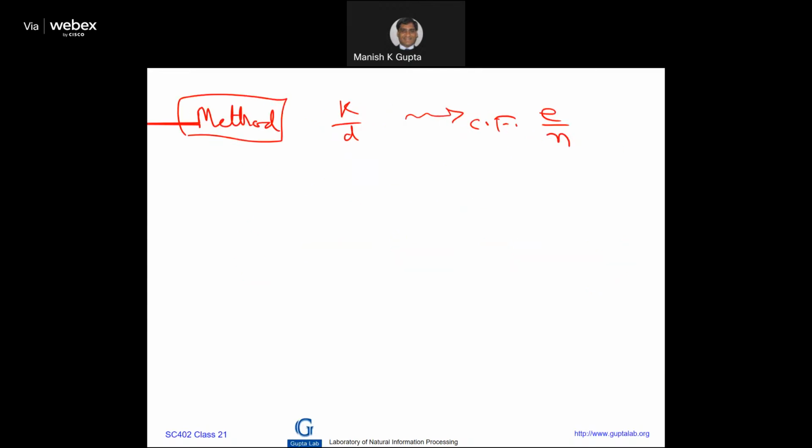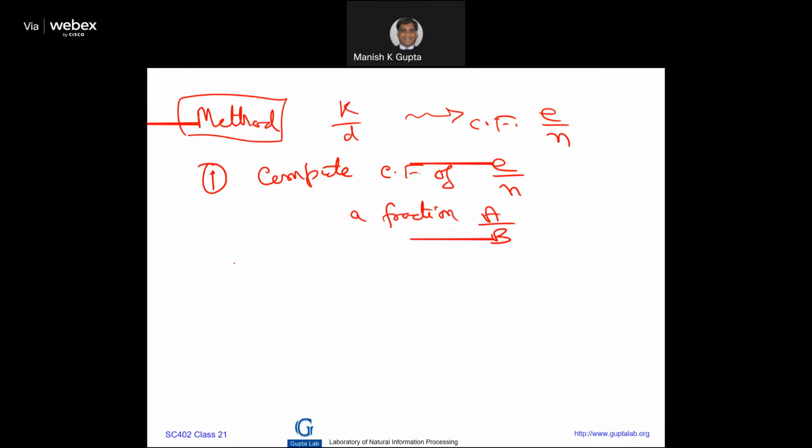Okay. So first, step 1, compute the continued fraction of E by N. After each step, you obtain a fraction A by B. It will be clear by an example actually.